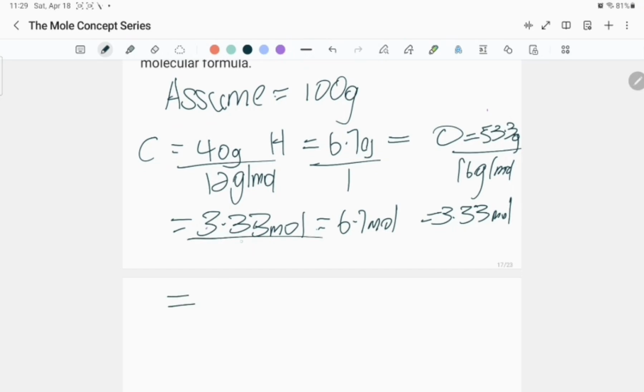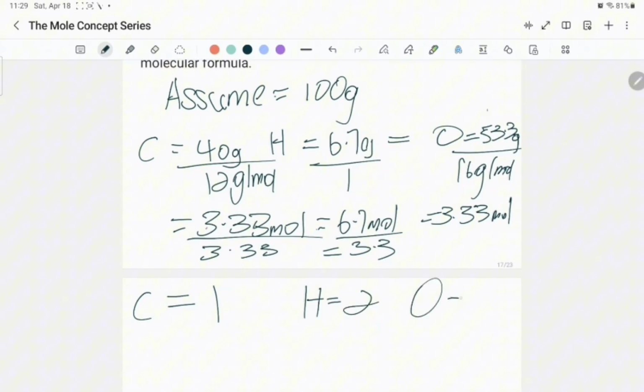So if we divide this 3 out, C will be 1, H is going to equal 2, and oxygen is going to equal 1.